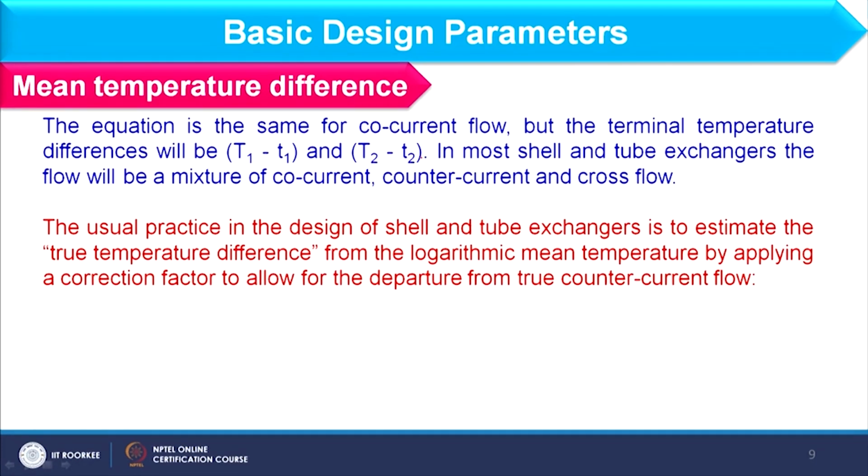In most heat exchangers, such as shell and tube heat exchangers, we have co-current, counter current and cross flow as well. Let us say I am considering a 1-2 pass shell and tube heat exchanger. In one tube pass there may be co-current flow, in another there may be counter current, and when the fluid enters from the shell nozzle to the shell side, it will cross the fluid flowing in the tubes.